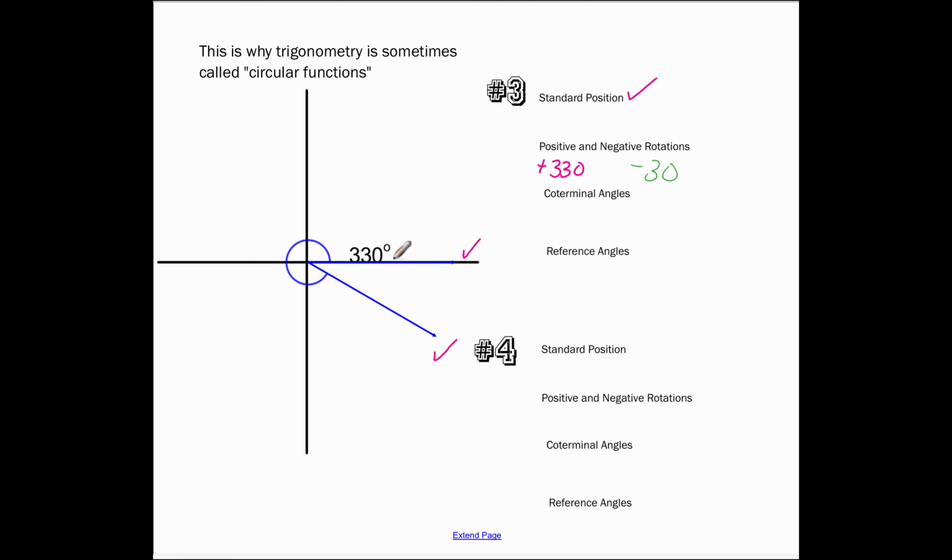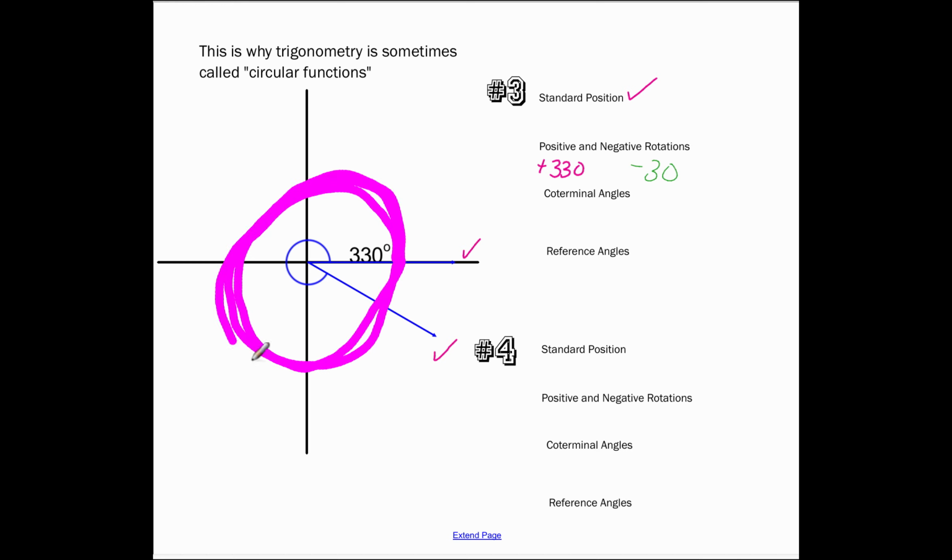Well, I could go around once, twice, 3 times, 4. Now let's not go 4 times, let's go 3 times, which would mean 360 times 3, which is 1080. And then I went that final distance of not a complete circle, but another 330 degrees. So I could have gone 1,410 degrees and ended up in the same spot.